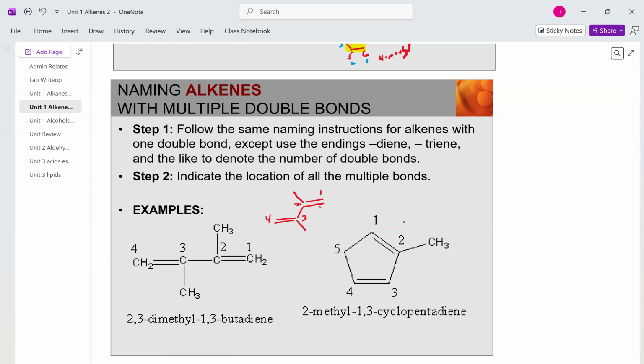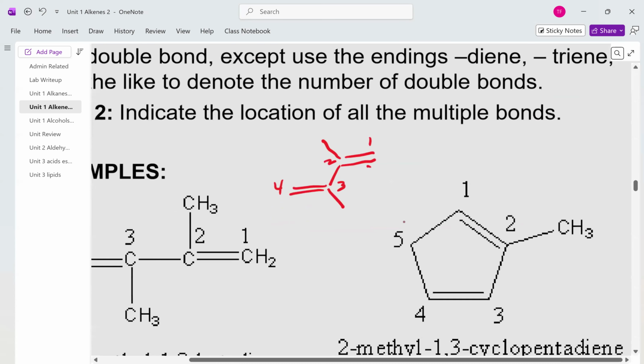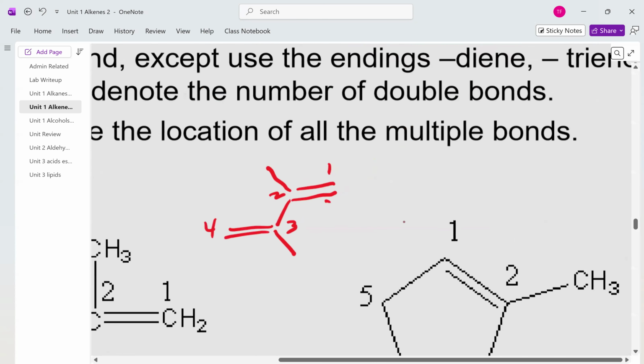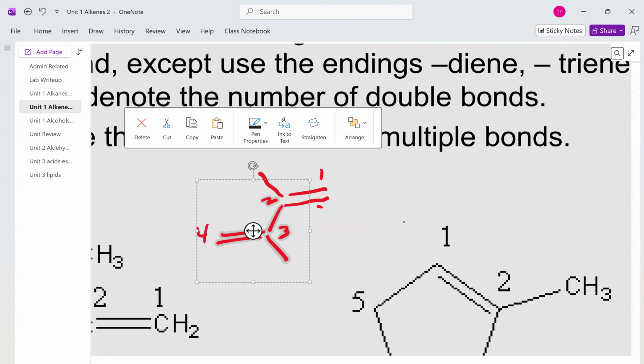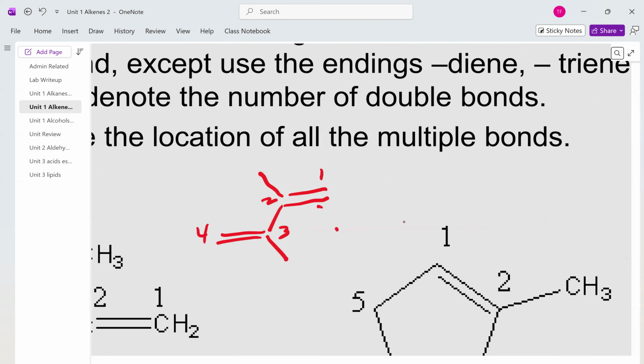Okay, so if we look at this guy here, oops. We've got 2 double bonds here. Got a double bond here, double bond here.